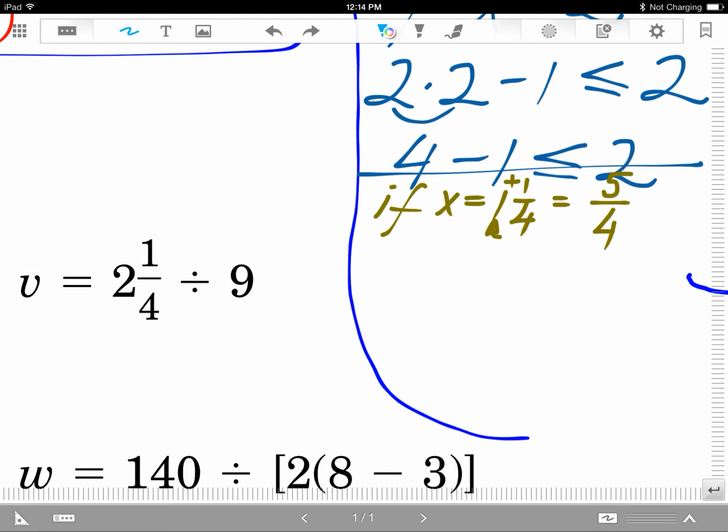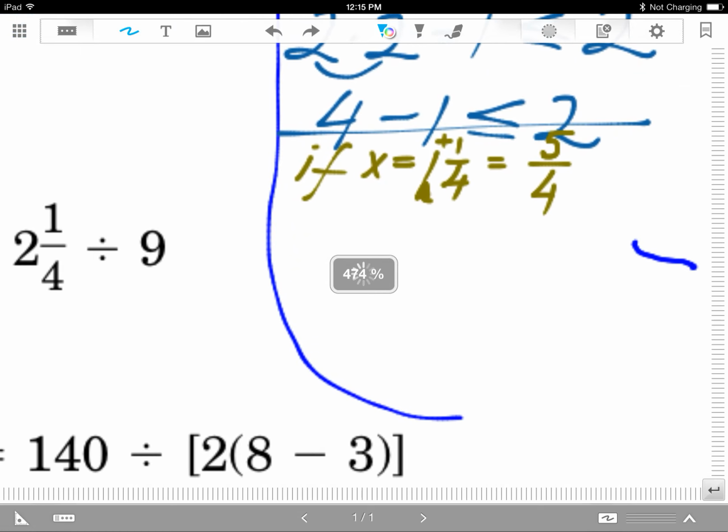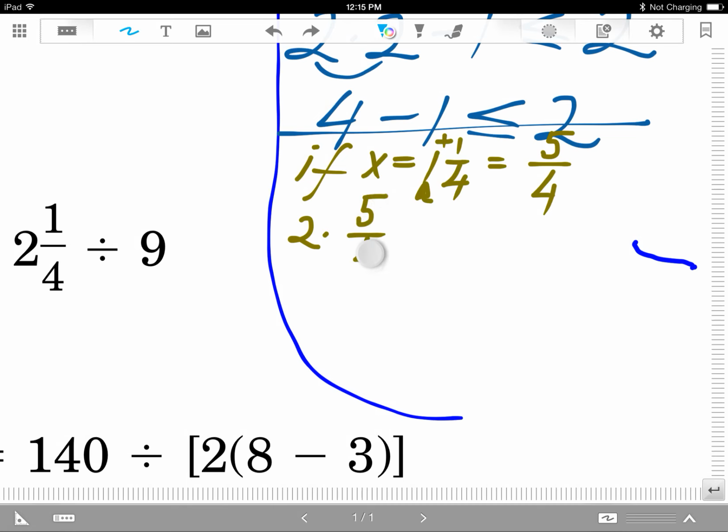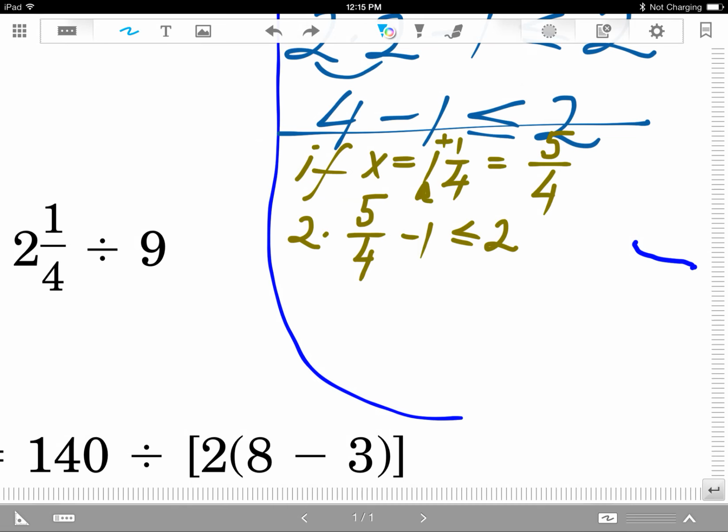Your expression was what? 2x minus 1. So you have 2 times 5/4 minus 1 should be less than or equal to 2. So what do you guys think about that? Is that true? Is it false? I don't know. I don't care. What do you guys think?